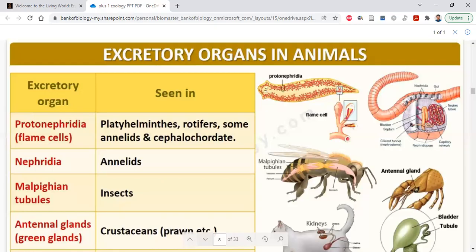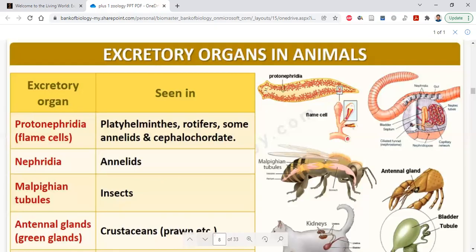Now, looking at excretory organs in other organisms, usually the protonephridia are the primary organs which eliminate waste products.